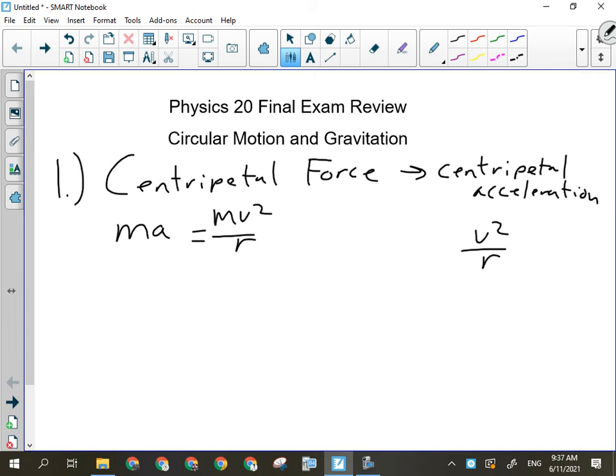Now, centripetal forces can be provided by lots of other forces that we're familiar with: gravity, friction, normal force, all of that kind of stuff.